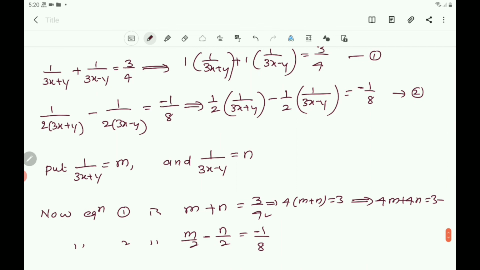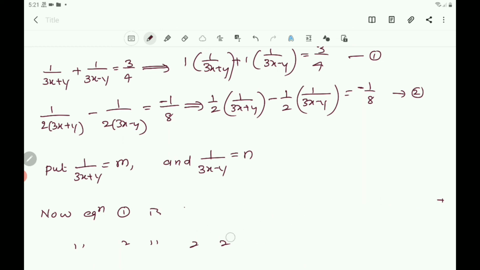Now you consider this is the equation. So you write here, equation 1 becomes m plus n equals 3 by 4. Equation 2 becomes m by 2 minus n by 2 equals minus 1 by 8.